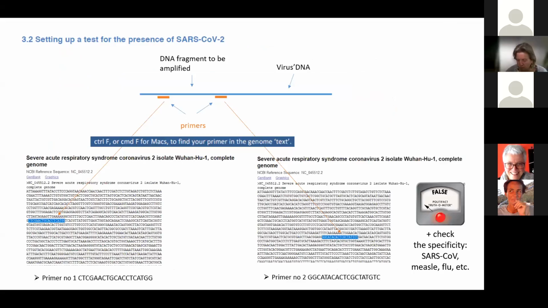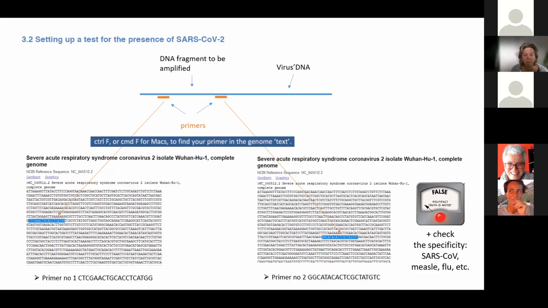So we provide some examples of primers, and people by hand can look at the presence of the primer within the genome of SARS-CoV-2, and then they can check if the same primer maps to other genomes, such as the flu genome or the measles genome. So they can really understand that the primers are highly specific for SARS-CoV-2.